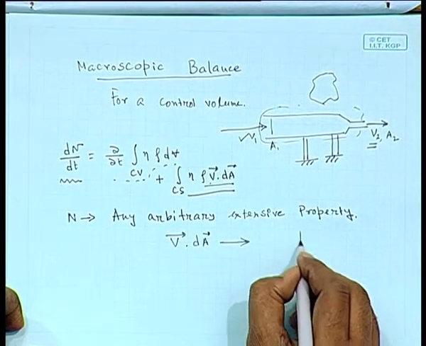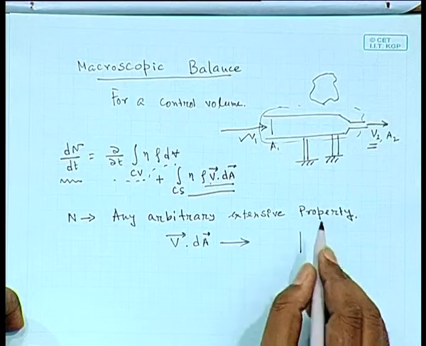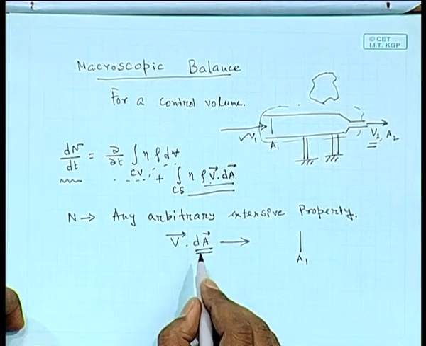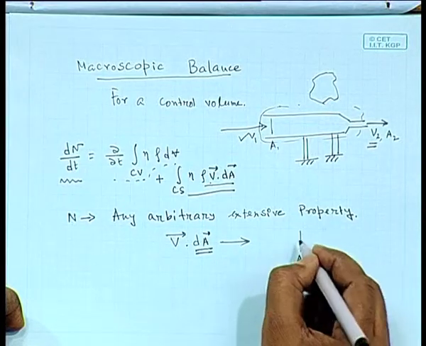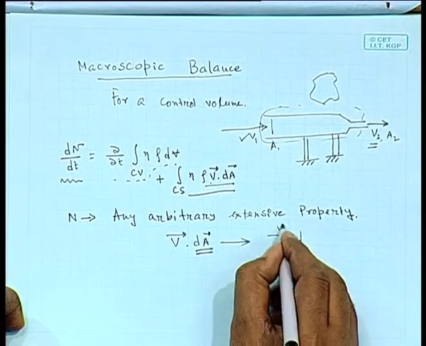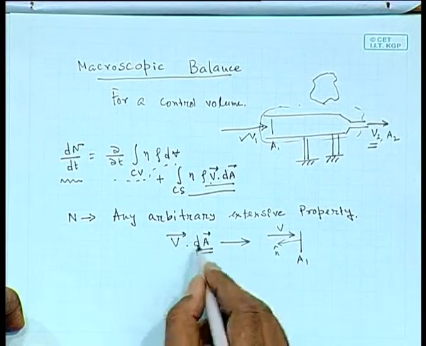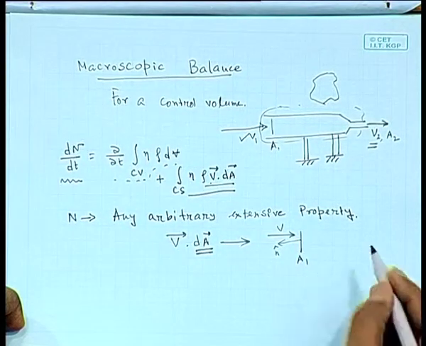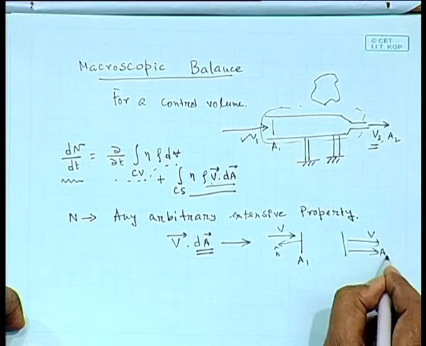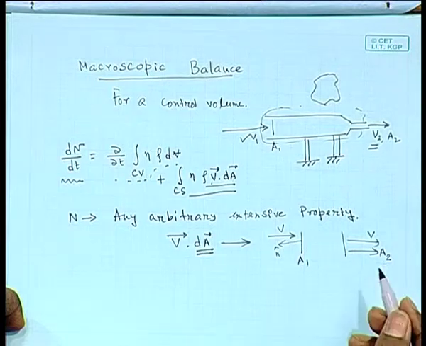Suppose this is the control volume, this is the inlet A1 you are talking about, and what is the direction of the area? Outward normal. The direction of the area is the outward normal, and suppose V is in this direction, then this product will assume a minus sign. If both these are in the same direction, let us say at the outlet, they will be positive.